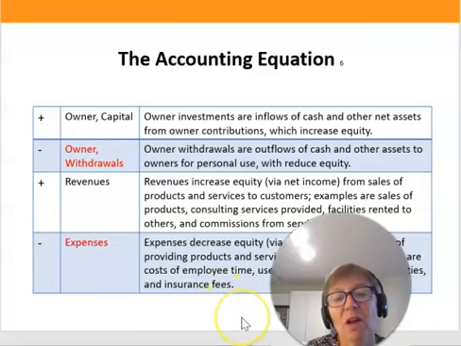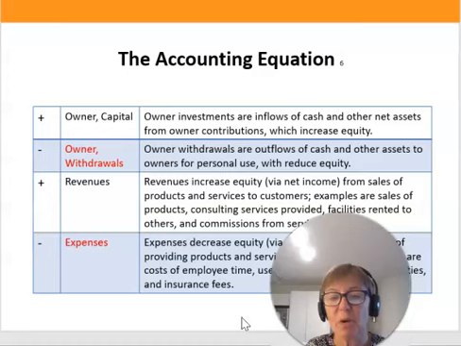Okay. So again, in the accounting equation, in order to come up with our equity section, we have our capital. So how much we, the owners, have invested, and that can be a cash, or maybe we gave our company a car. Maybe we gave our company a computer. Okay, so we all have to record all of those transactions.